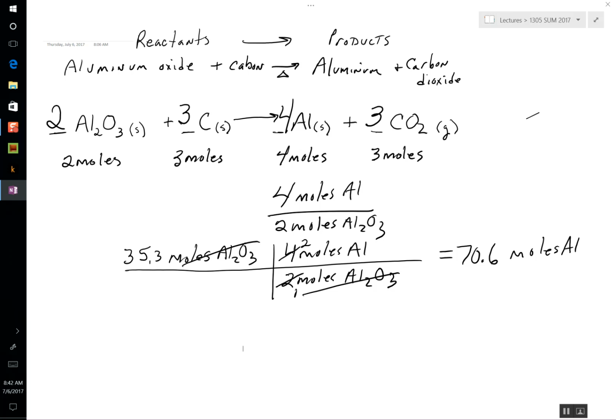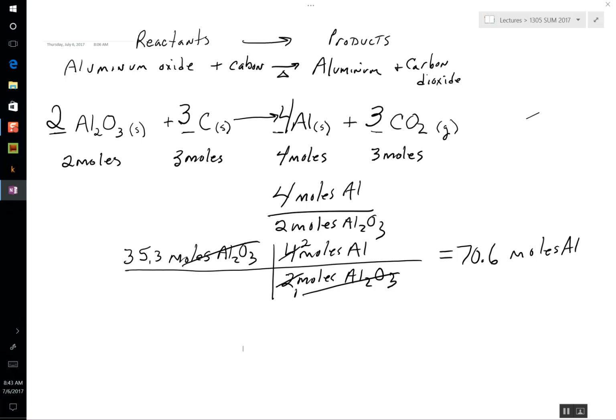Number 5. Let's say, how many grams of CO2 will result from the complete reaction of 12 moles aluminum oxide.